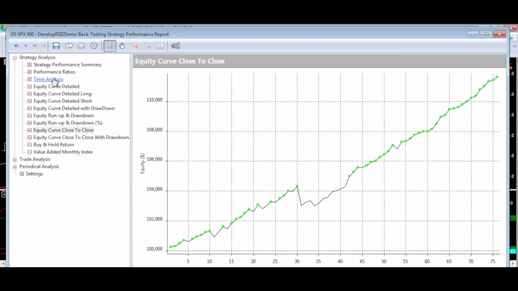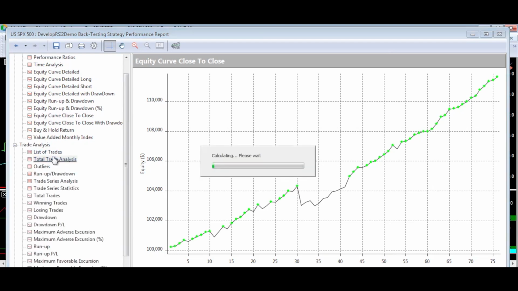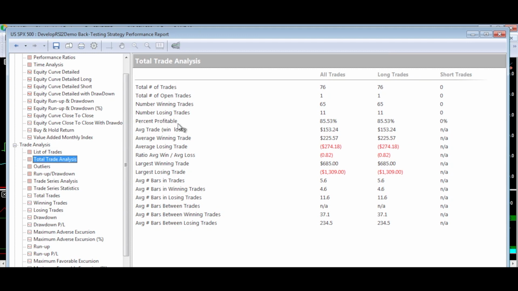Let's look at the total trade analysis, and that will tell us about winning percentages and that sort of thing. So percent profitable, 85.53% of the time. The amount of trades over that 13 years was 76. The average winning trade was $153.